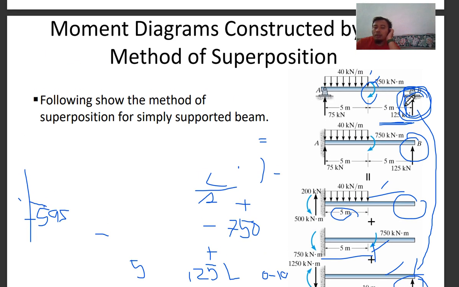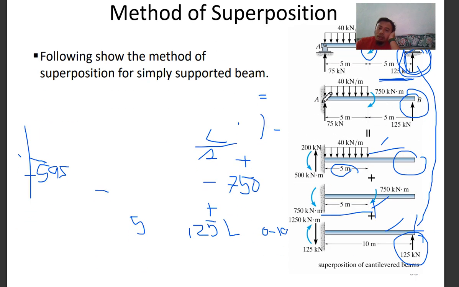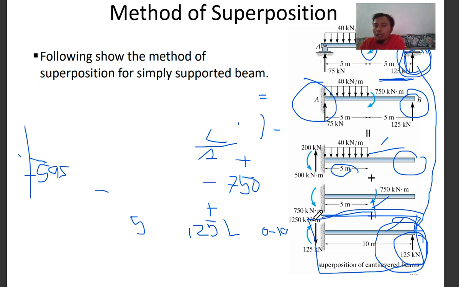So when you have the simply supported beam, the method is to change it into a cantilever beam, but also add a free body diagram for the reaction of the roller. Be mindful of that, because you might get a different diagram if you forget to add this free body diagram.